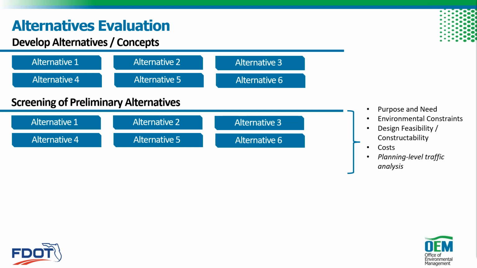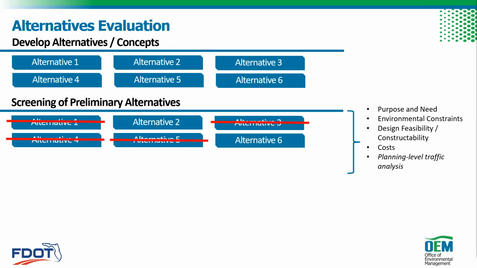We're going to screen them for the project's purpose and need, environmental constraints and design feasibility, constructability, the cost, and here's where you can do that planning level traffic analysis. You can look at the generalized service volume tables. You can do ICE stage 1, which we're going to talk about here in a little bit. You can do that high level traffic analysis to help with screening if needed.